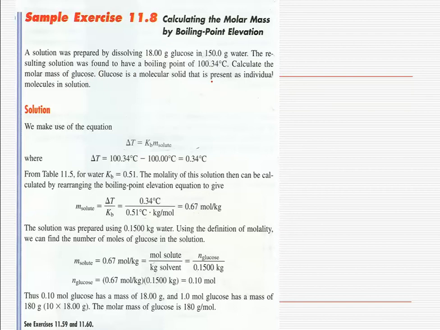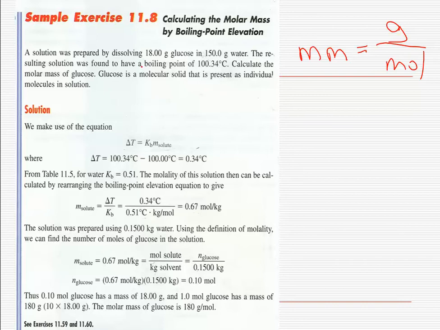What you want to remember, and I mentioned this before, whenever you're looking for molar mass, that is always grams divided by moles. And that would be of your solute in this case. So looking at your equation, your solute's glucose, do we have either grams or moles of the glucose? Well, sure we do. We've got the 18 grams, so we have our numerator.